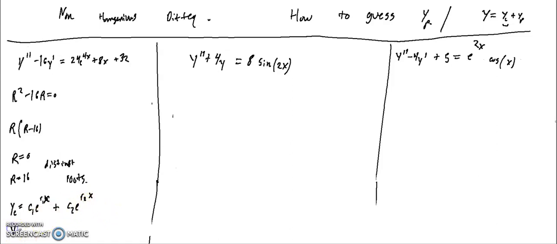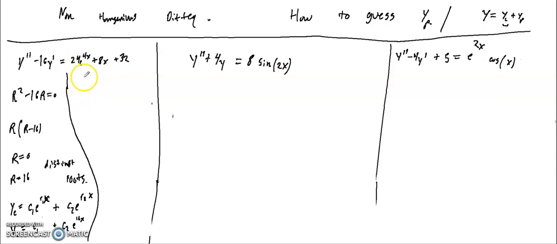And while we plug those in, we get y_c equals c1 e to the 0 plus c2 e to the 16x. And this e to the 0 is interesting, because it turns out this is just a constant, just c1. And that's our y_c part. That's part 1. But now we need our y_p.